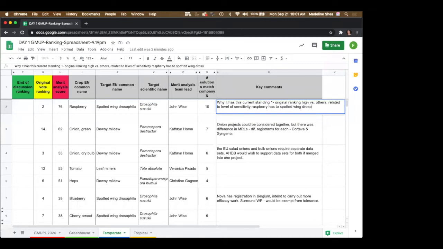At the same time, it has fewer registered tools in the toolbox compared to other fruit crops, and therefore there is that disparity. And the last is that there were quite a few comments from our merit teams on raspberry about the need for harmonization. So it may also have to do with the importance of raspberry in global trade compared to some other fruit crops.